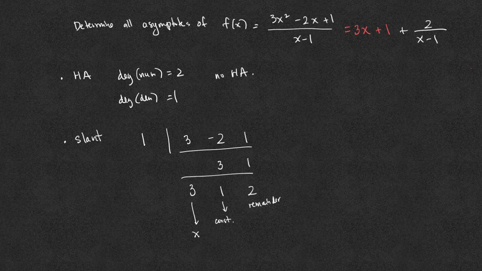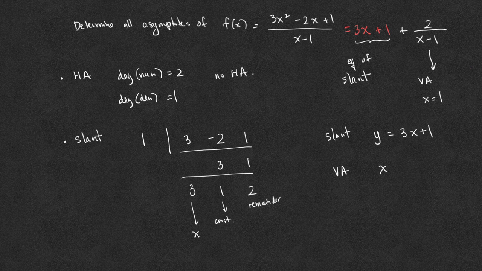By looking at this, the quotient will give us the equation of the slant asymptote, and more than that, the remainder will give us the vertical asymptote at x equals 1. And so we have a slant asymptote y equals 3x plus 1, and we have the vertical asymptote x equals 1.